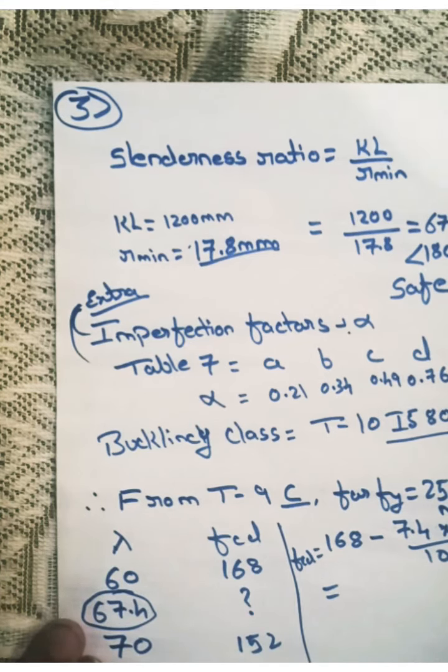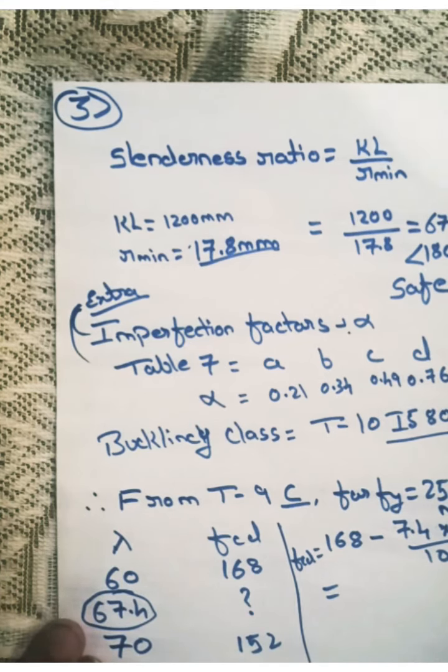So therefore, buckling strength or strength in compression, that is PD, is given by FCD into area provided.